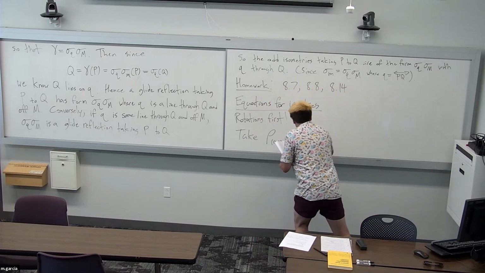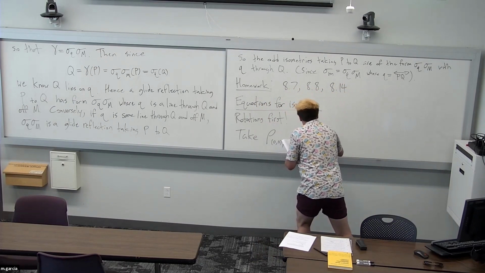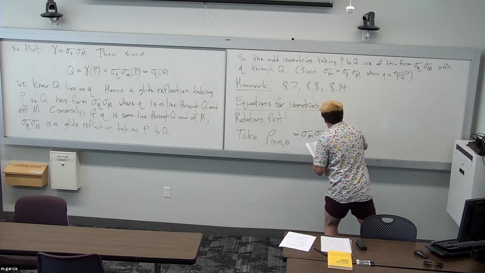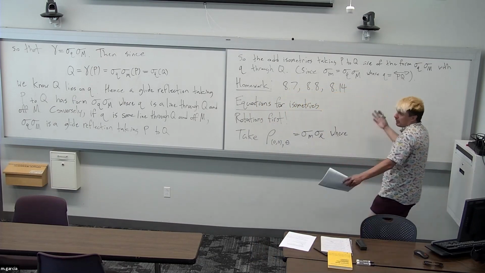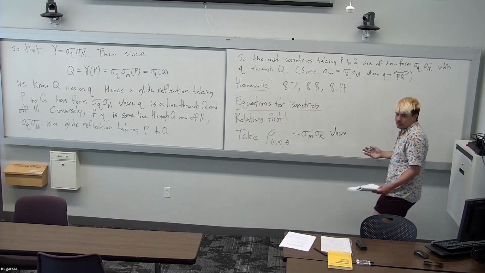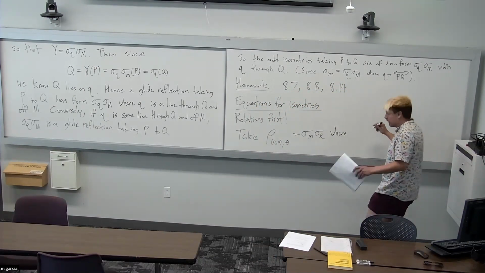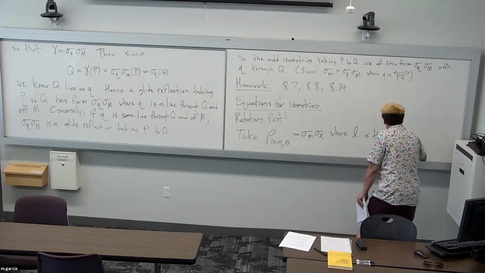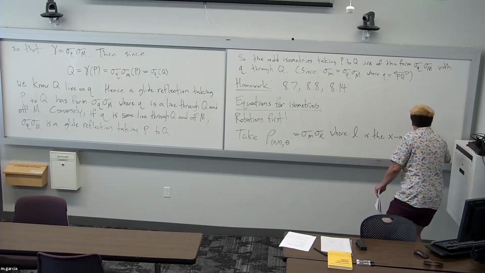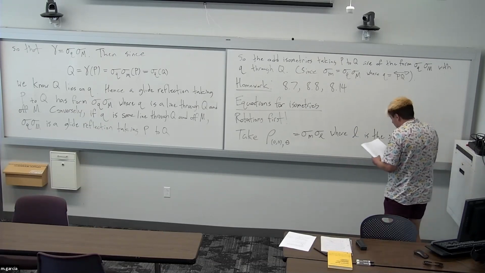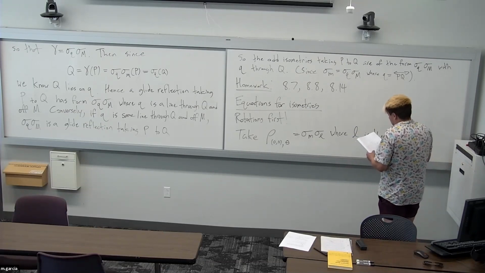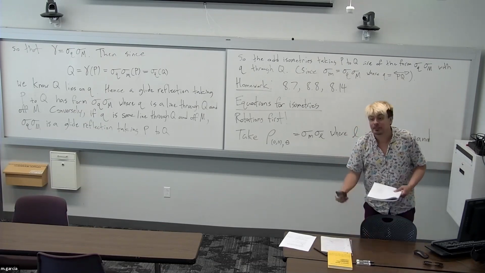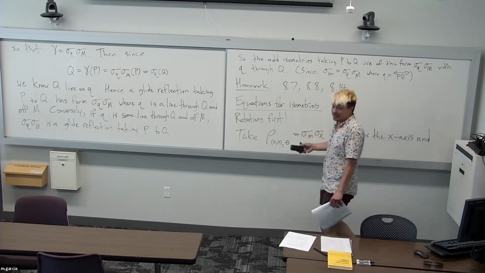So this is equal to sigma M times sigma L, where I arbitrarily choose L to be the x-axis, just to make things nice to start. And then, of course, M is the line such that the directed angle measure will be half of theta.